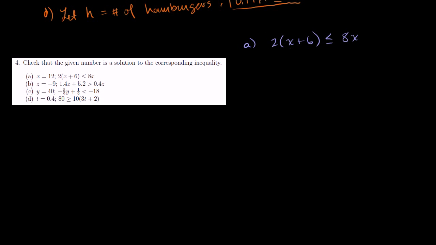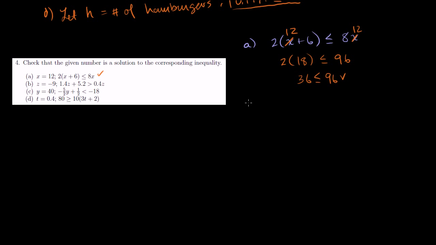So if you put a 12 here, and then this would be a 12, you get 2 times 12 plus 6. So this is 2 times 18 is less than or equal to 8 times 12. 8 times 12 is 96. 2 times 18 is 36. So 36 is definitely less than or equal to 96. So x equal to 12 is a solution.